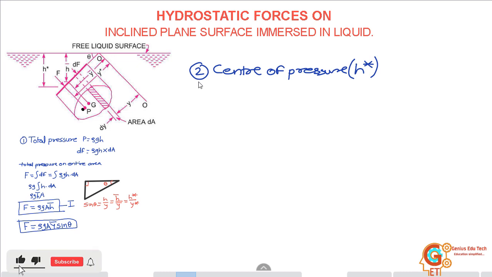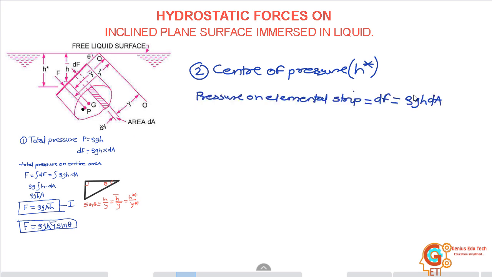Let us go for second part of derivation, that is center of pressure. It is based on principle of moments, just like we discussed in previous session. So first we'll find out pressure on any elemental strip. Pressure on elemental strip is given as dF is equal to rho g h dA.